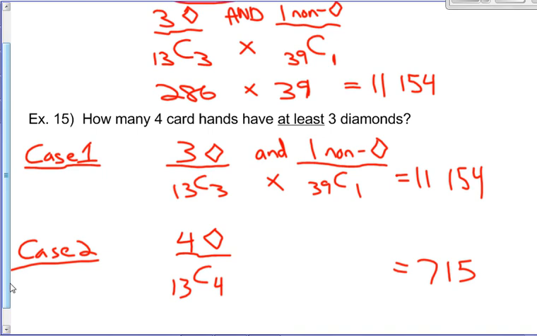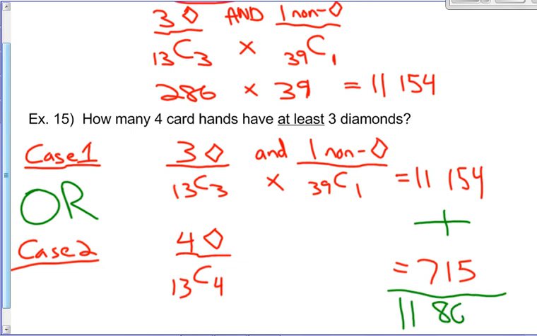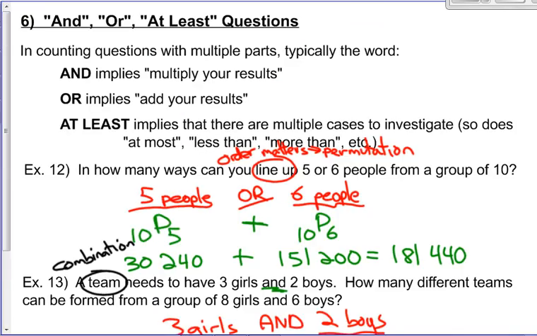You've either got 3 diamonds and 1 non-diamond, or you've got 4 diamonds. That means we're going to take these numbers and we're going to add them up. Okay. So for a final answer of 11,869. So recap, and means multiply, or means add, at least means there are cases.